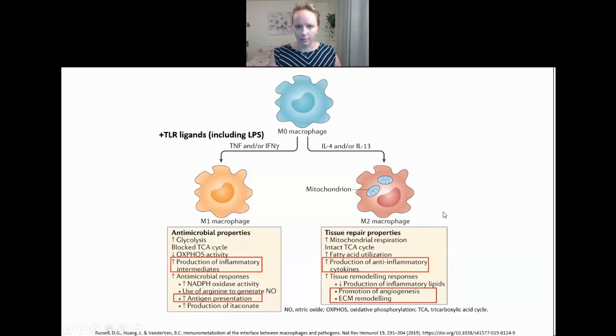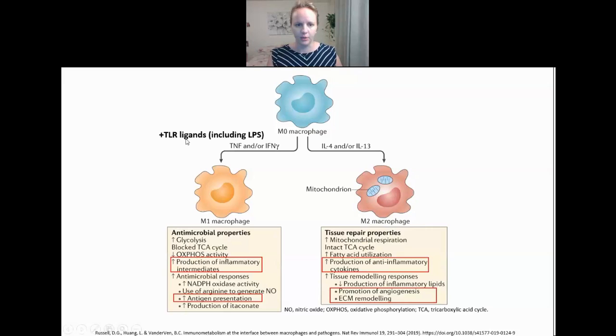But for the purpose of this course and this lecture, I'm going to group all the M2 macrophage subtypes together. When you have a differentiated macrophage or a monocyte, it can phenotypically switch between M1 and M2 phenotypes, depending on the stimulants.